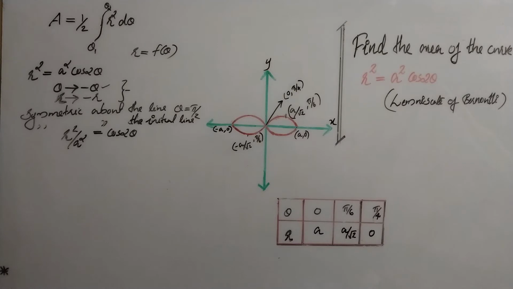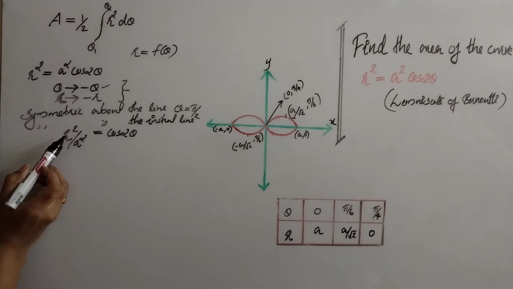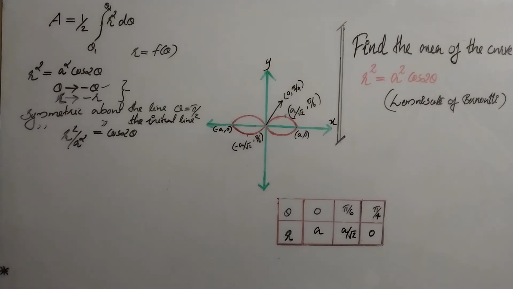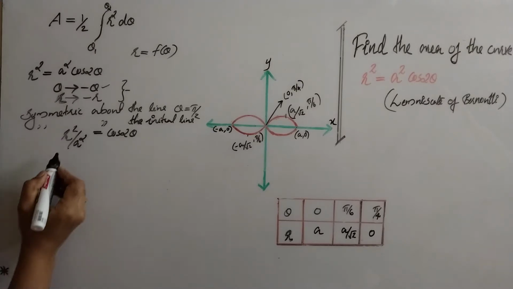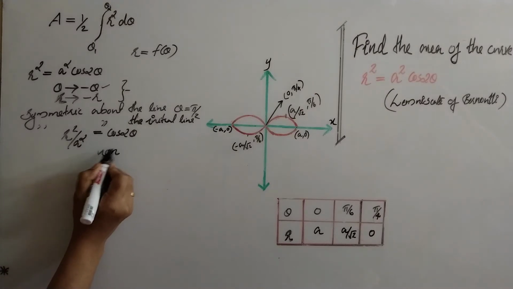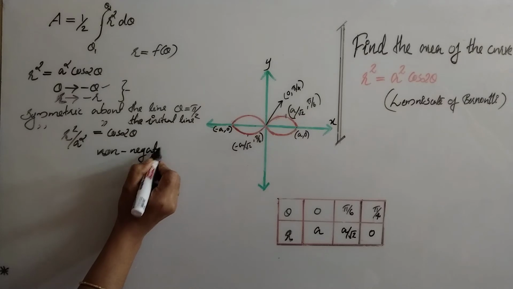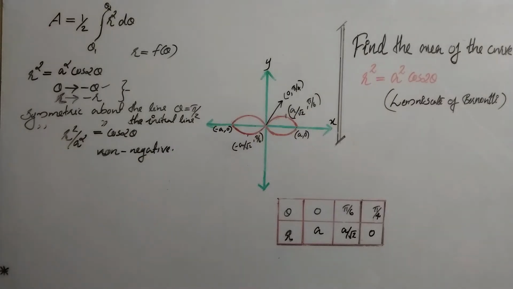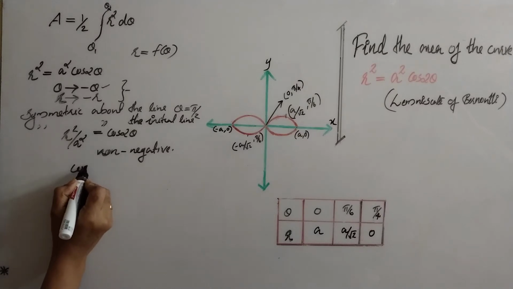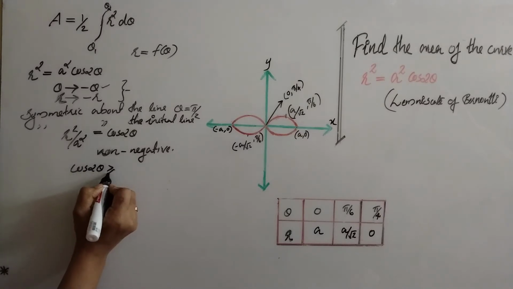Since r square by a square is always non-negative, since the power of r and a is 2, so this is always non-negative. So, cos 2 theta is greater than or equal to 0.